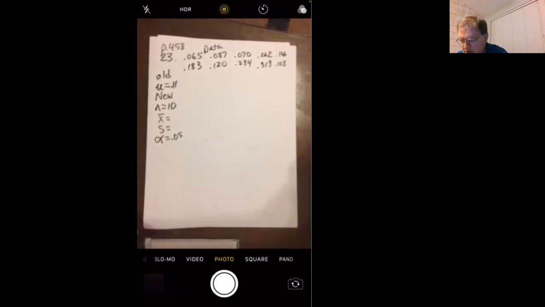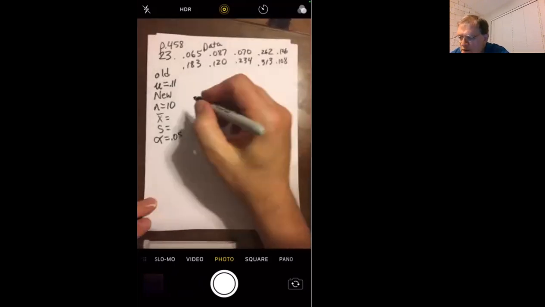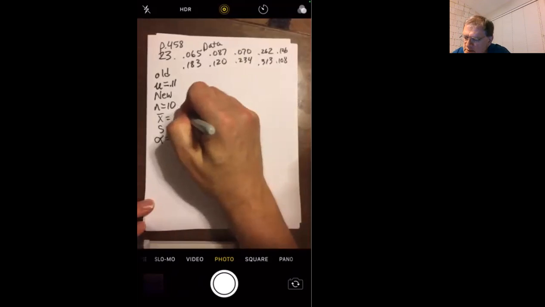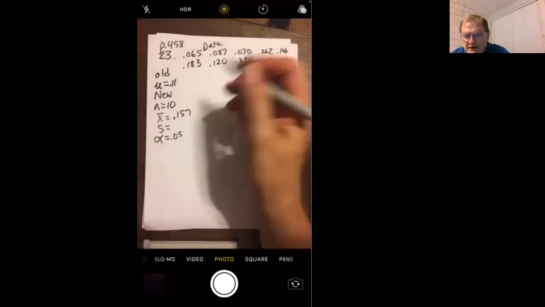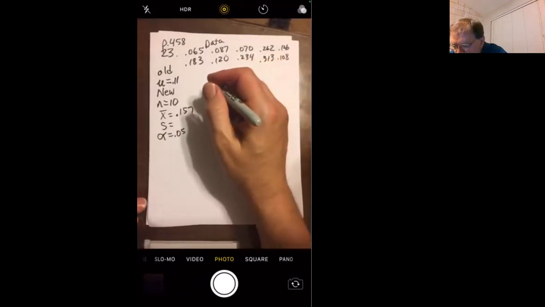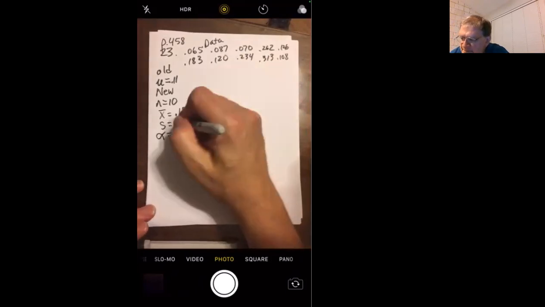Stats, calc, one variable stats, enter. I'm getting a mean of 0.157. And you can round it a little bit. You don't have to round it exactly the same as I do. 0.087.